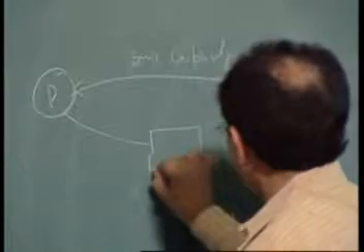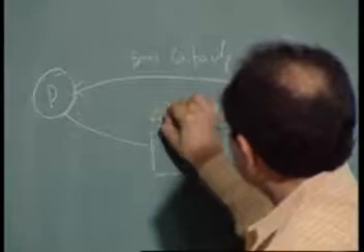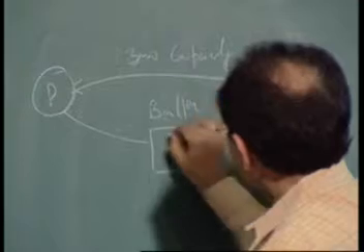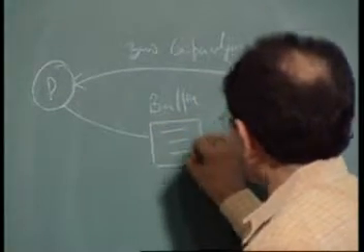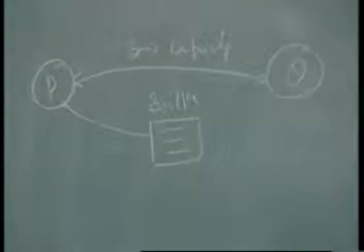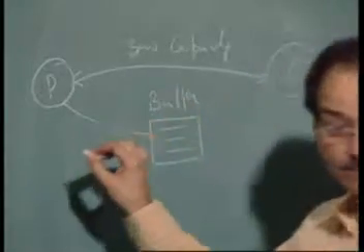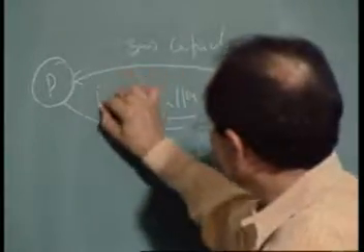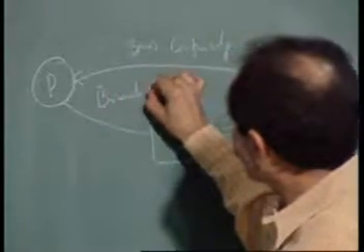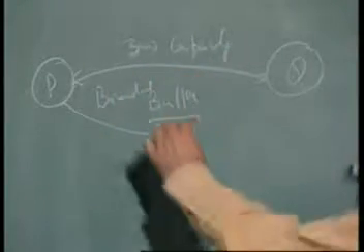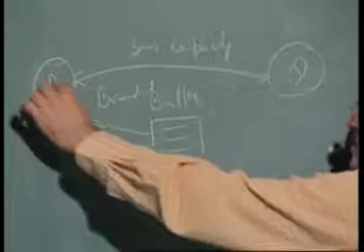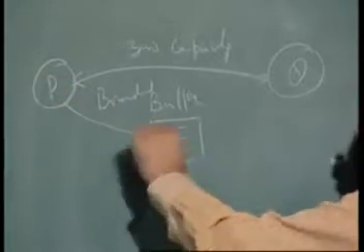Or it can be between P and Q. Let us say this is my buffer, and let us say this is a buffer of only 3 messages. So, this is what we call a bounded buffer. That is, the number of messages which a process can send is fixed.